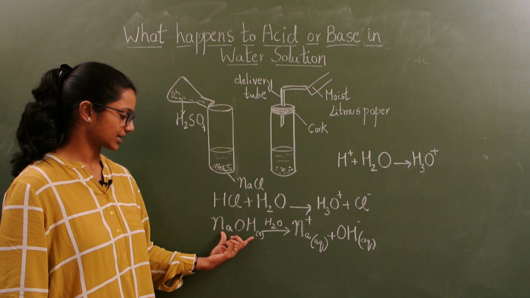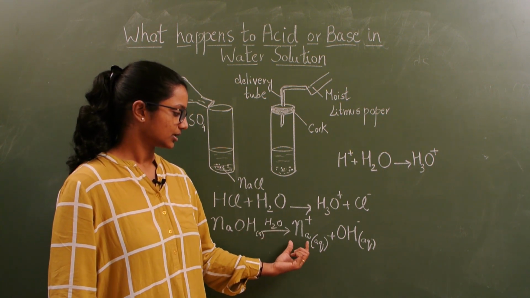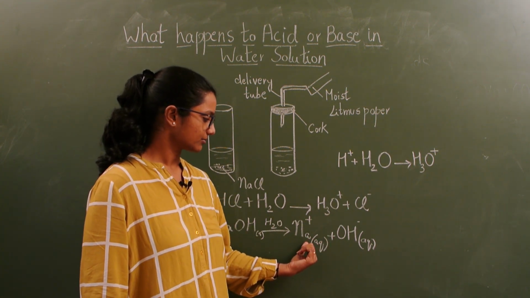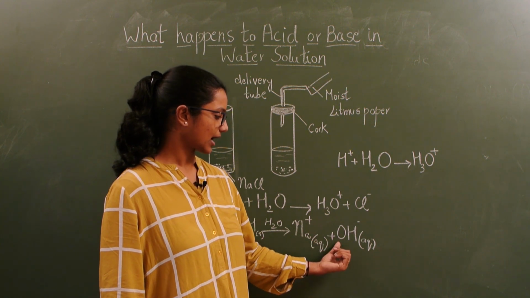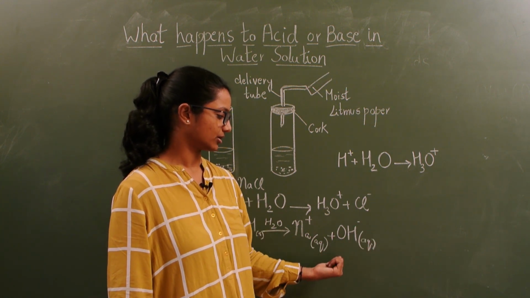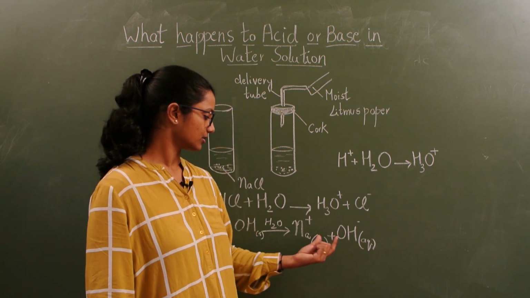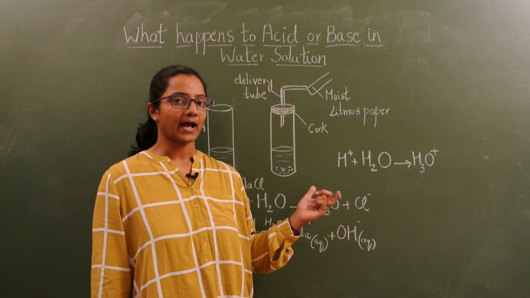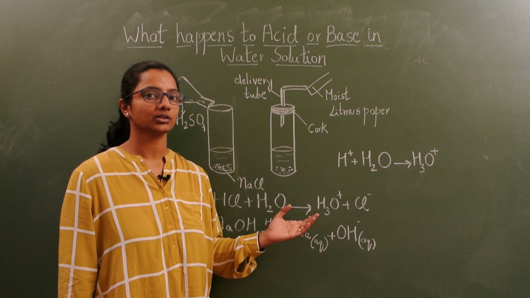Sodium hydroxide, which is a base, when it comes in contact with water, dissociates into sodium, Na plus ion, and OH minus ion. So this is hydroxide ion and hydrogen ion. Acids and bases form their respective ions, cations and anions, only when they come in contact with water.